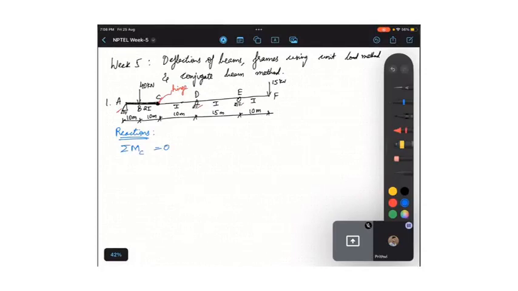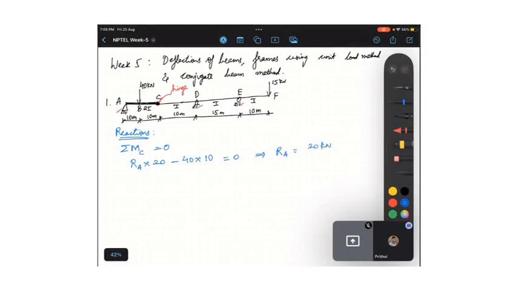We have reaction force at A times 20, in the clockwise direction, and we have 40 times 10, that is equal to 0. That implies reaction A is 20 kilonewtons.